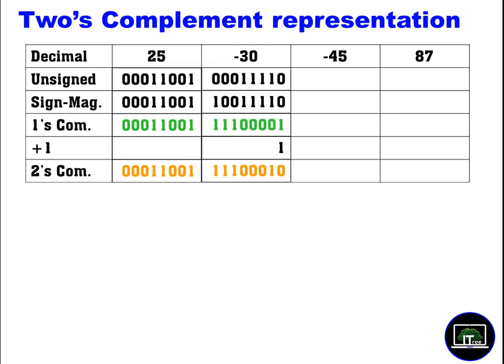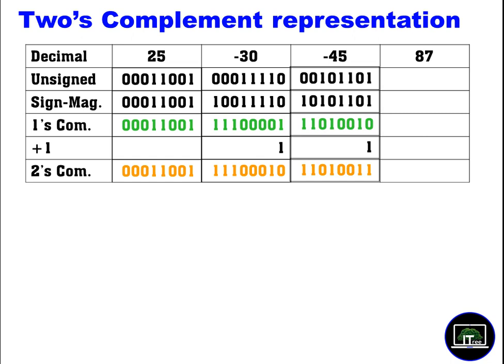You can see that we are adding 1 to the 1's complement number. The 2-step work: first convert into 1's complement, then add 1 to the answer. Minus 45. You can do that. 87 positive. Are we converting? Are we adding 1? No, we don't do that.